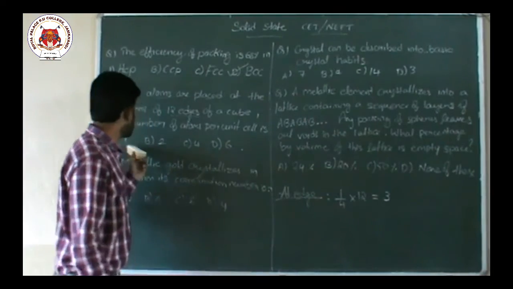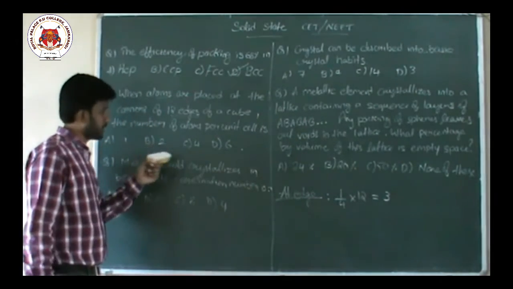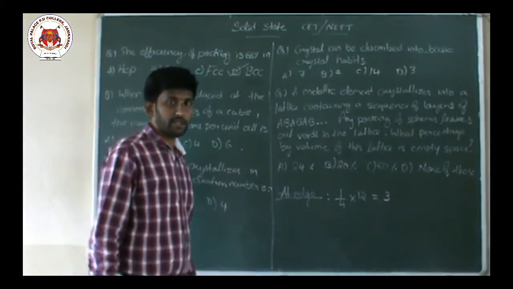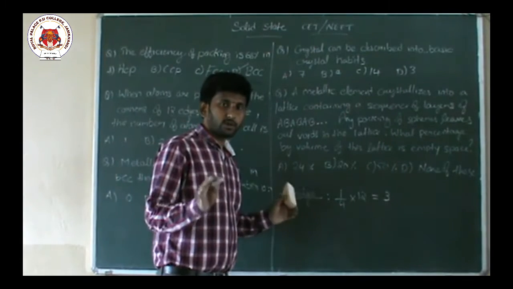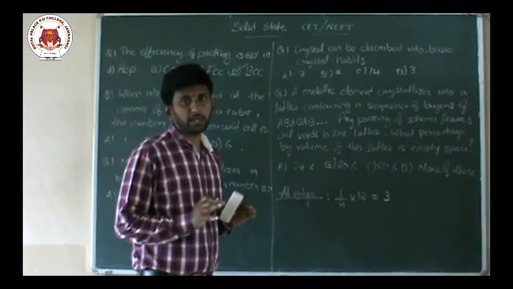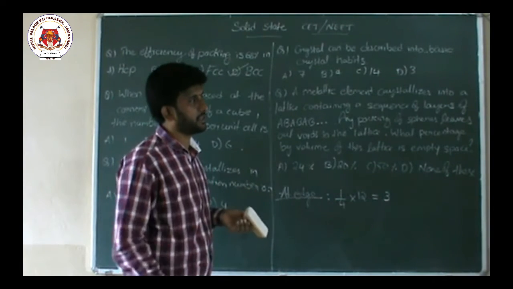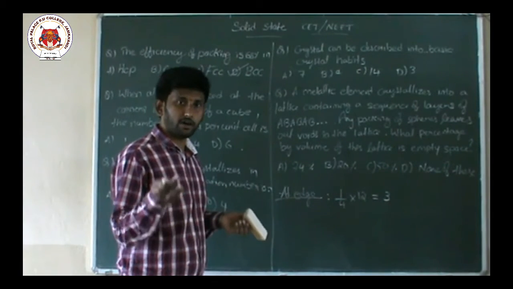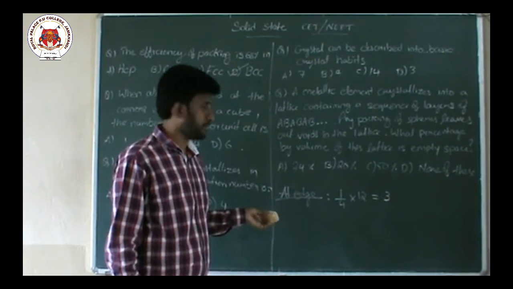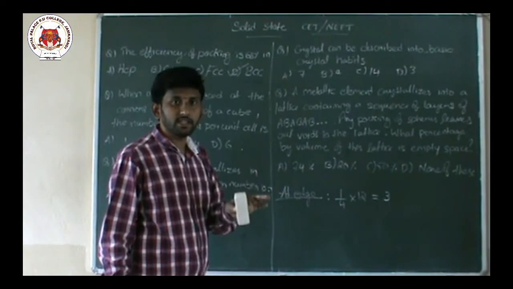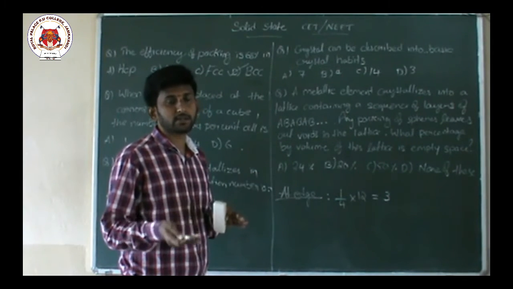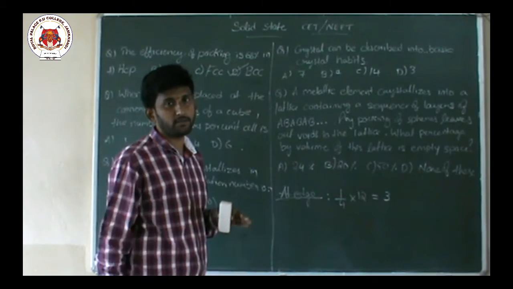3 contribution per unit cell, but the options are 1, 2, 4, 6. What is the meaning of this? For any lattice, whether the atom is present at the face center, body center, or edge center, the basic thing is that it is automatically understood that corners are also occupied with atoms.